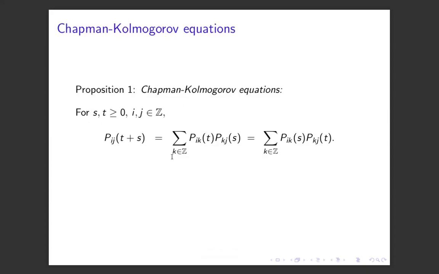That is the same thing as the summation over all the elements k in the state space of p sub ik(t) multiplied with p sub kj(s). That's very intuitive because if it is going to state j in time t plus s from state i, then at the intermediate time point it must have passed through some k in Z.